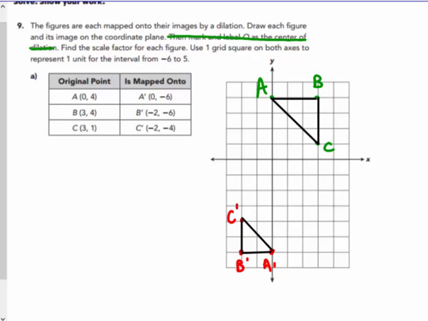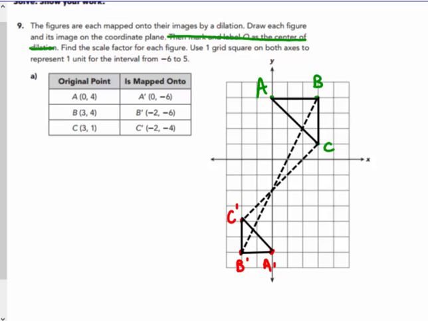And now I'm going to connect A to A, B to B, and C to C using a dotted line. So A to A, well, that's just the y-axis, so I don't need to connect that. C to C's image. B to B's image.